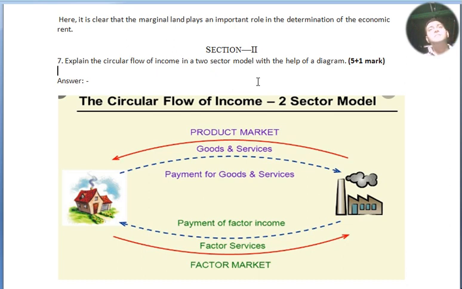Payment for goods and services is being made by the household to the firm, and payment of factor income, factor service, factor market. Factor income here means factor market. Households are the consumers as well as the workers in the firm, and for the service they provide, they take wages, rent, interest, like this. Payment for factor income.